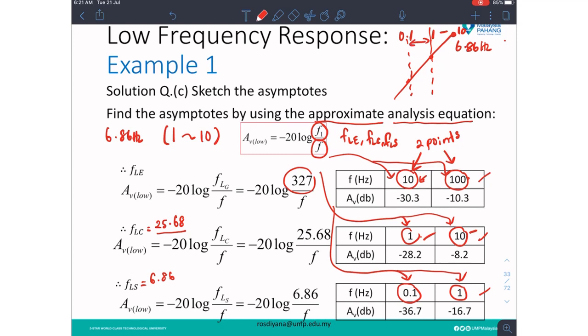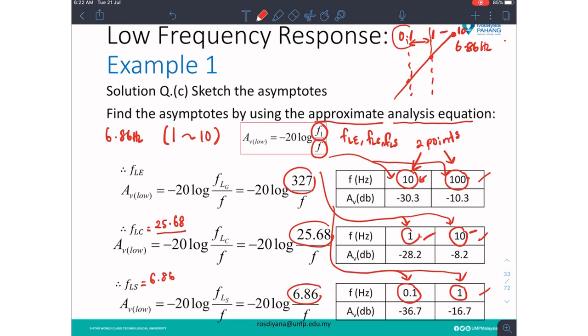This is because its frequency range is different. That's why I take a different range for these 2 points.